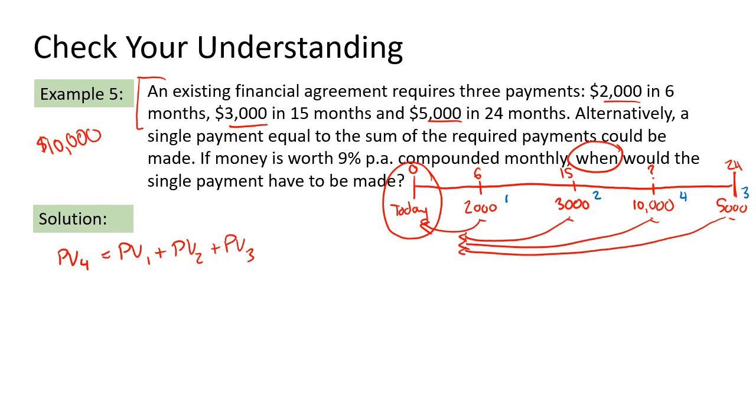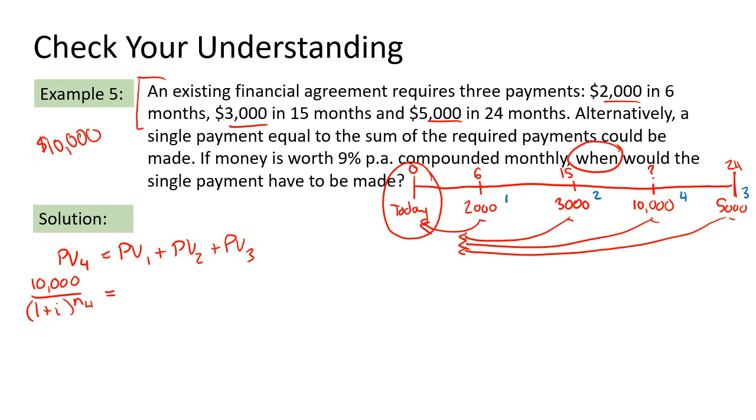So if you substitute this in, all I'm going to do here is substitute the present value formula into each one of these. You're going to get $10,000 divided by 1 plus the periodic interest rate to the exponent n4, right? Because that's the amount you're paying then.